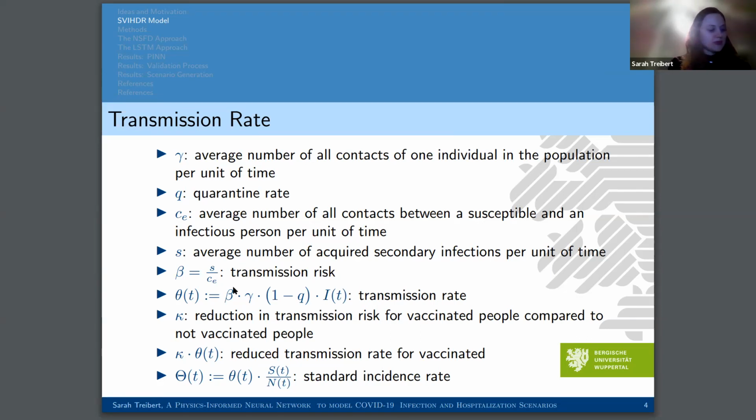Okay, so in the end, we get a so-called incidence rate by multiplying the transmission rate by S divided by N. This is the so-called standard incidence rate. If we did not divide by N, it would be the so-called bilinear incidence rate, and this one is based on the law of mass action.